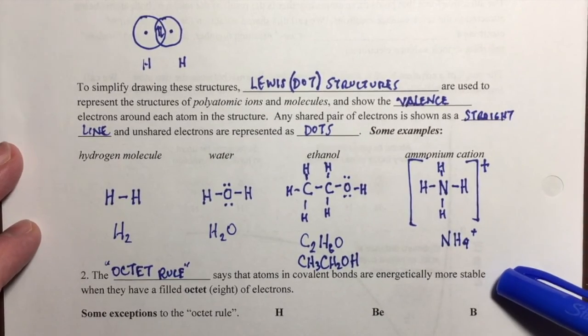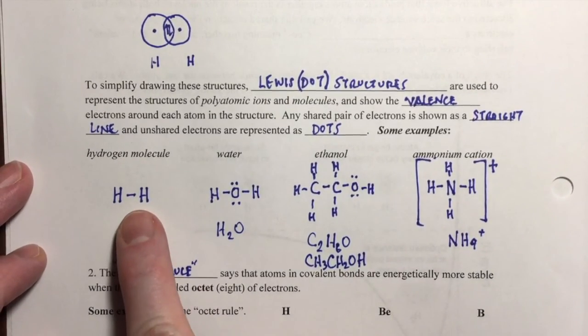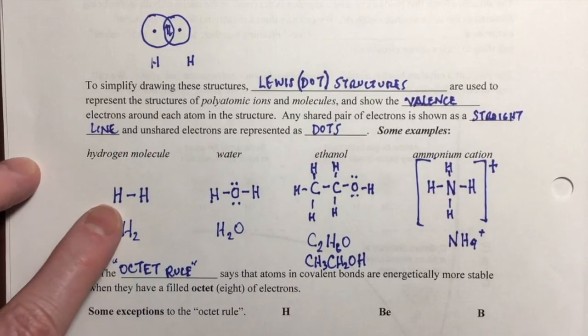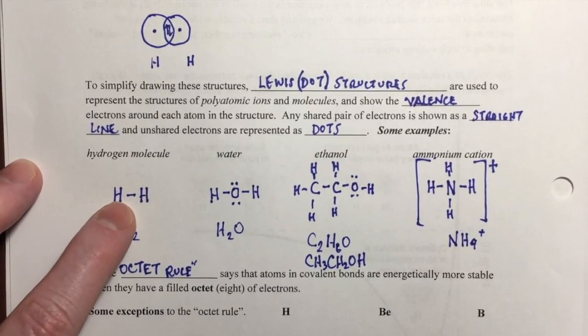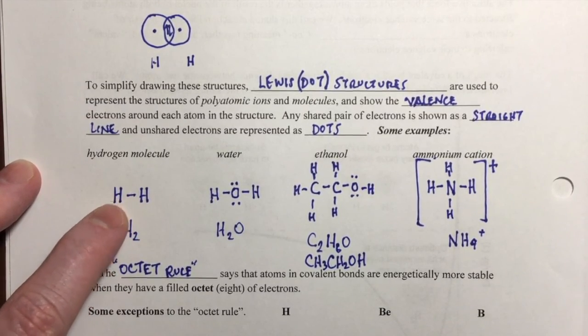Now, even though we say that it's a rule, there are some important exceptions to the Octet Rule. And here's one that you may have noticed already. Hydrogen, right there, this hydrogen only has 2 electrons around it, right? 2 valence electrons around it. So hydrogen does not follow the Octet Rule.